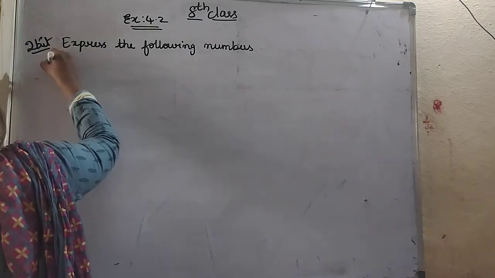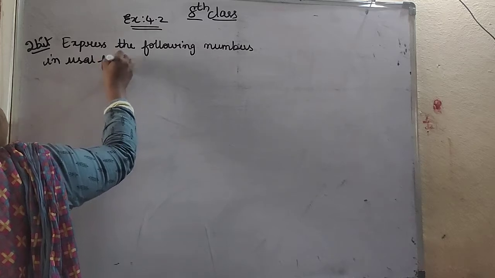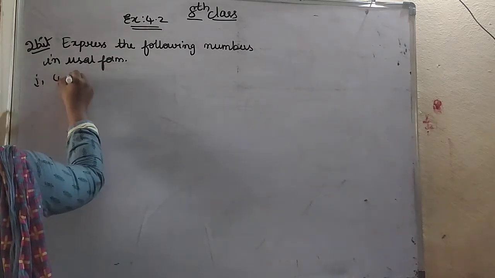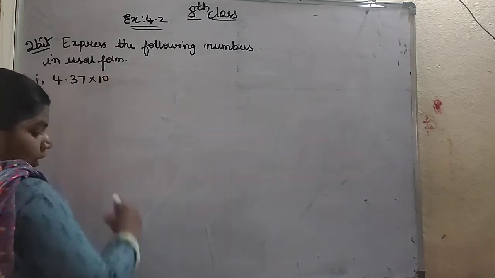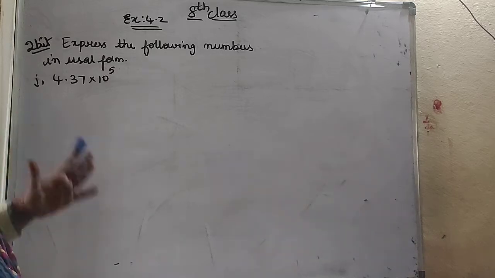So in that the first one is 4.37 into 10 power 5. So power is a positive value, so it is a bigger value.